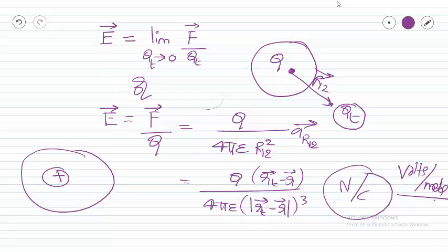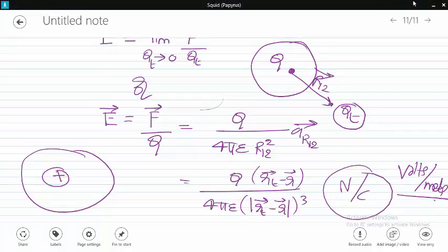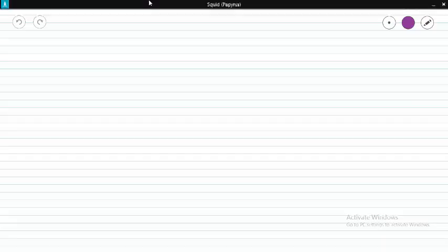Now, like we have written the expression for force acting on a single charge due to n number of charges, we can find out the electric field intensity due to n number of charges at a point. Let us consider the same thing.